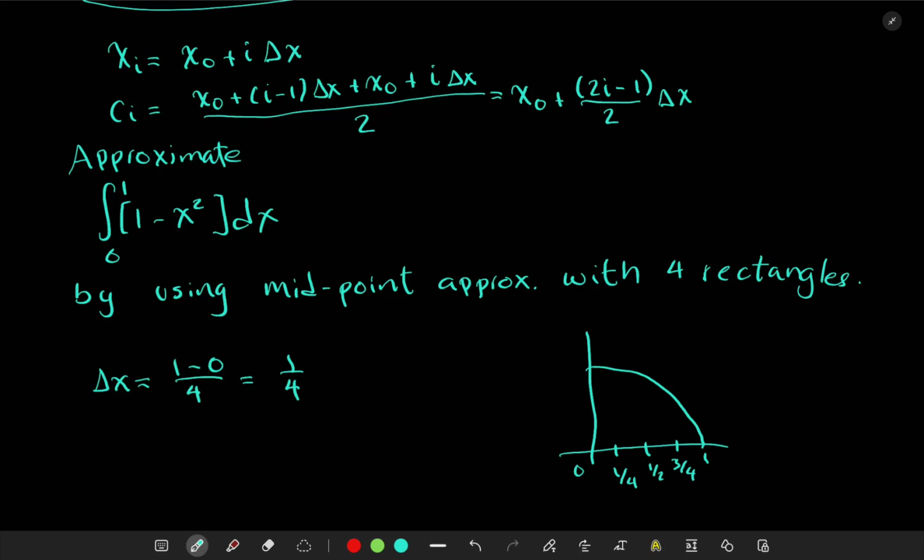So my ci's, I could start writing them here. The first one is going to be the number in between these two, so the average: 0 plus 1/4. So c1 is going to be 0 plus 1/4 all over 2. That's going to give you 1/8. So that point right here, that's going to be your 1/8.